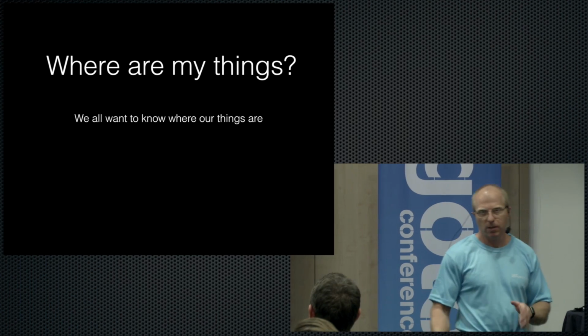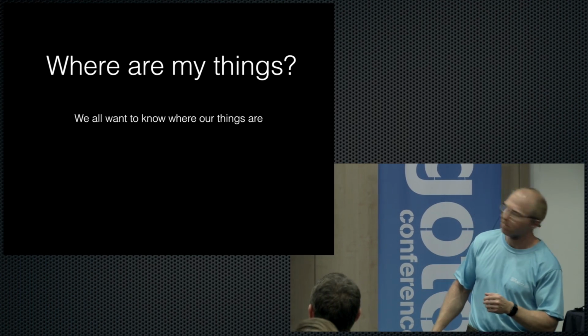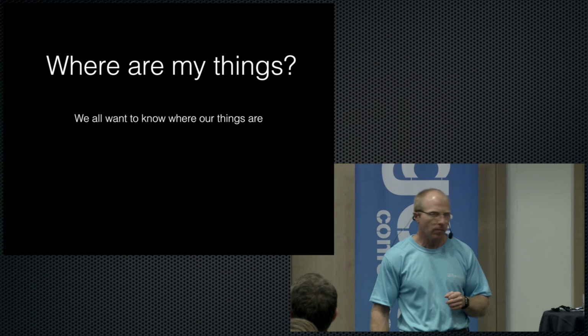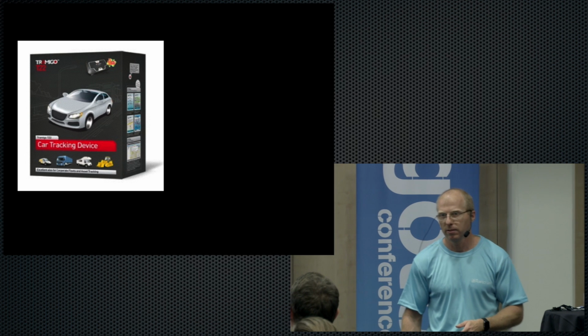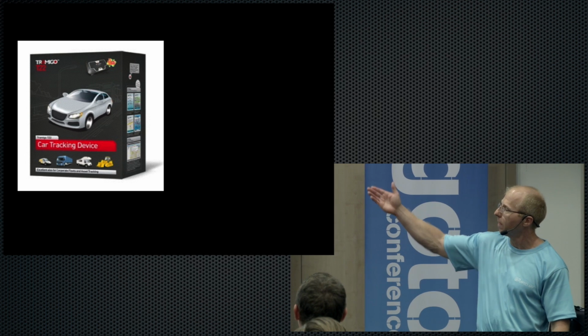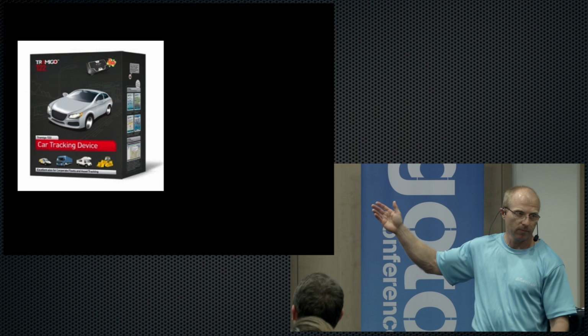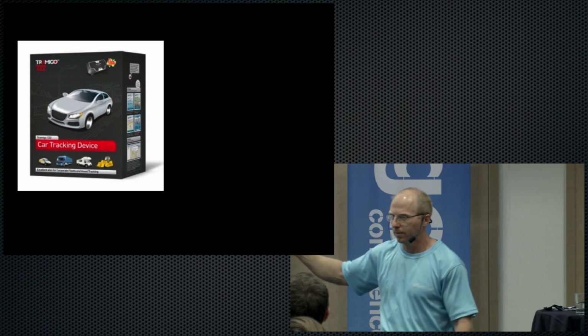So I stepped back a couple of months in time. We all want to know where our things are. That's just the way the human mind works. We are location-oriented, and we want to know where our things are. We've been doing this for years, at least 10 years. Maybe 15 years ago, we could mount these things in our cars, if we could afford them. But I guess if we could afford a car that we wanted to track, we could also afford this thing.